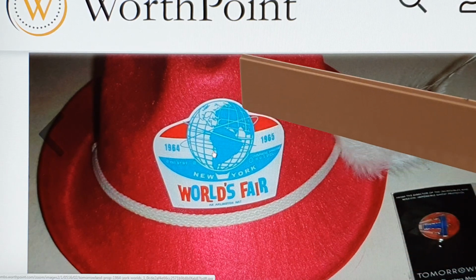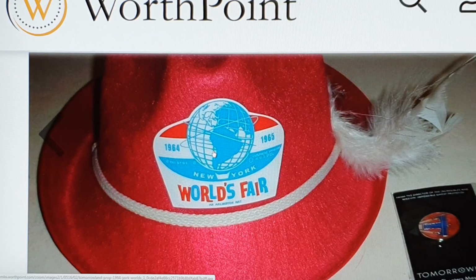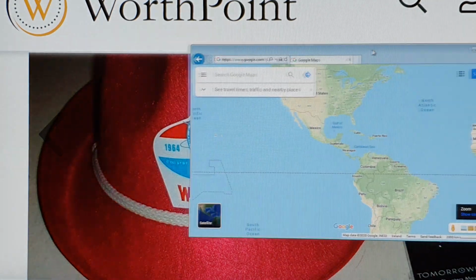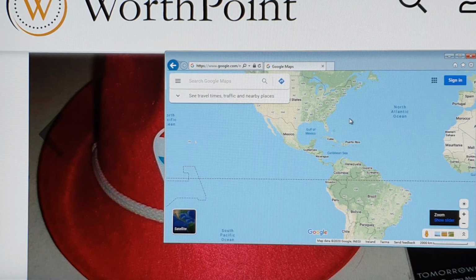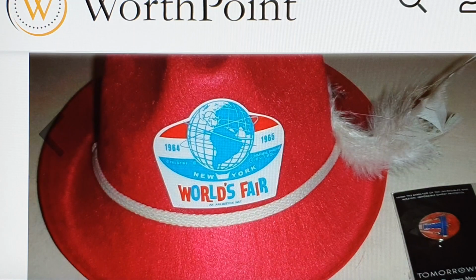But interestingly enough, the symbol for the 64 World Fair was the Unisphere, and you're sort of seeing a representation of that. I know it's a bit hard because they've used blue, but in this one, the map representation here is pretty much this one, so it is what it should be, really.